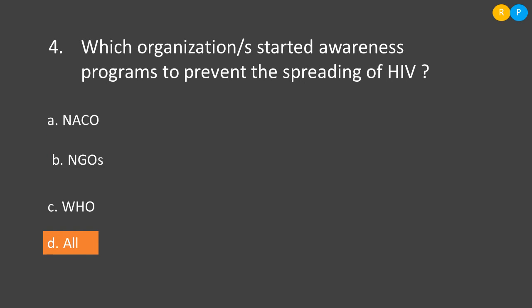As the fourth question, which organization started awareness program to prevent the spreading of HIV? So for preventing the spreading of HIV, many organizations have started creating awareness. So one of the organization is NACO. NACO is nothing but National AIDS Control Organization. So it is just a division of India's Ministry of Health.